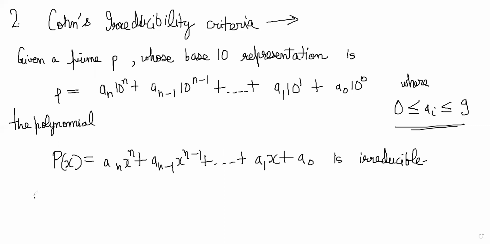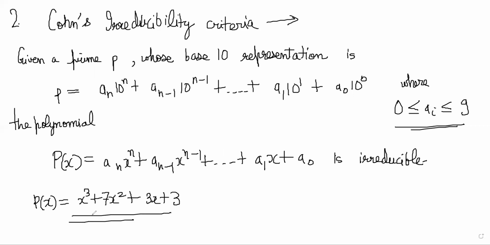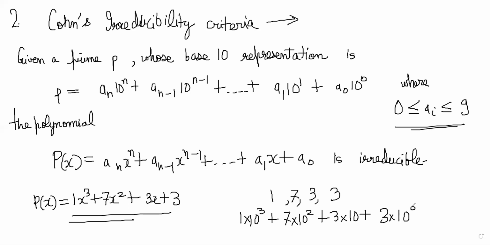Suppose you have to prove that the polynomial p(x) = x^3 + 7x^2 + 3x + 3 is irreducible. Let me think about the base 10 representation of these coefficients. We have 1, 7, 3, 3 as the 4 coefficients. So let's construct the number 1 into 10^3 plus 7 into 10^2 plus 3 into 10 plus 3 into 10^0.